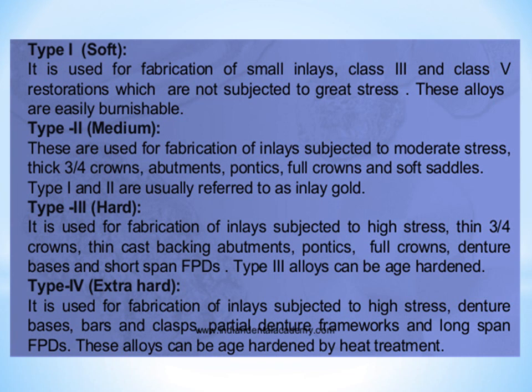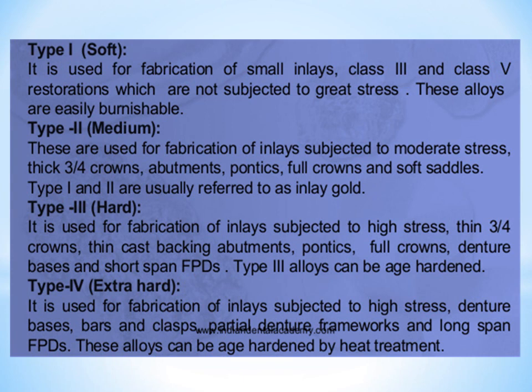Type 3 alloys can be age hardened. Type 4 are the extra hard. Now they are used for fabrication of inlays subjected to very high stress, denture bases, bars and clasps, partial denture framework, and long span fixed partial dentures. So these are the hardest of all the alloys, and that is why they're used in high stress areas, especially denture bases and the different parts of the dentures.